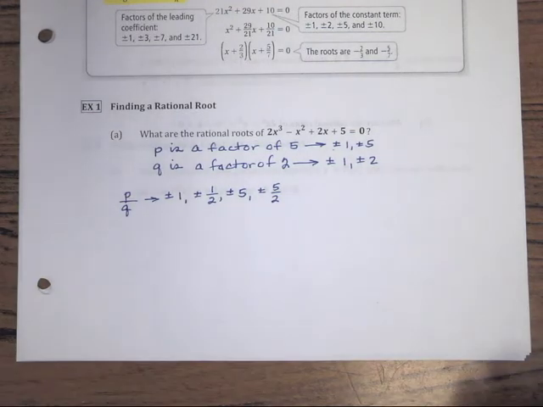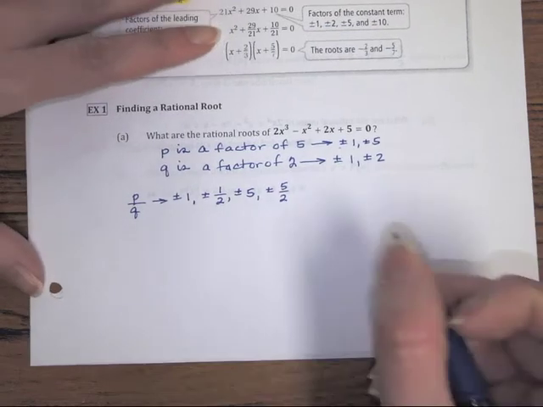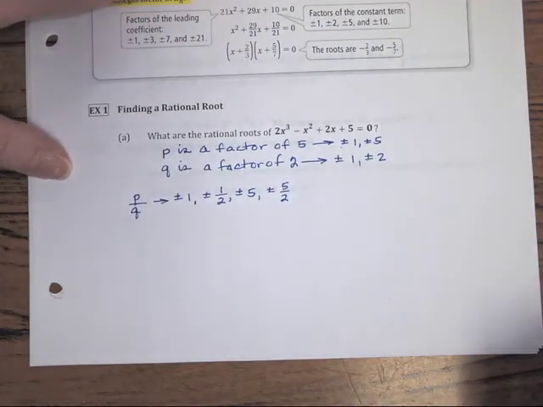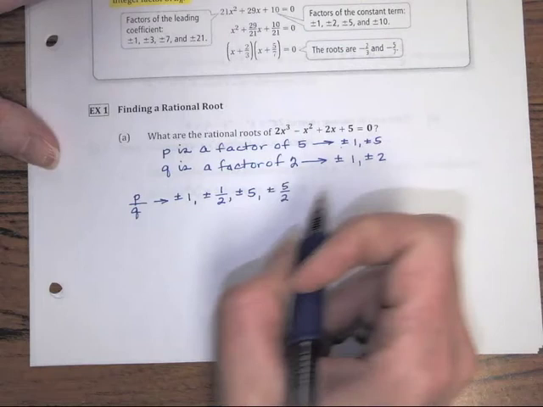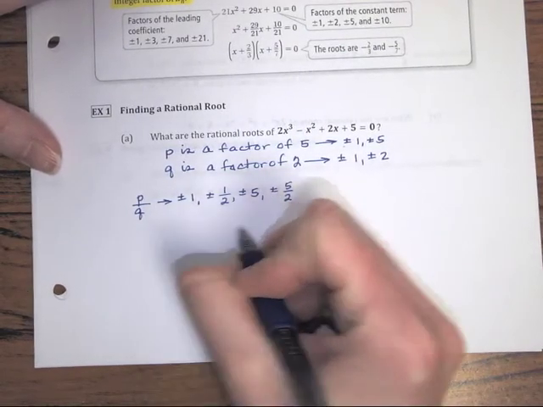So here's what I'm going to do. I'm going to make a little table, and we're going to use our calculator on this expedition to help us get through this.